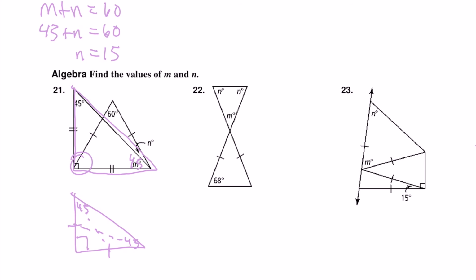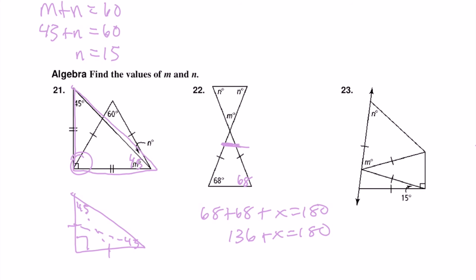So if you don't know where to start with these, just start by filling out as much information as you can. For number 22, I know that since I've got an isosceles triangle down here on the bottom, the base angles must be congruent. Then I know that this angle right here, if I add up 68 plus 68 plus whatever this angle is, I'll call it x, that must equal 180. 68 and 68 give you 136.